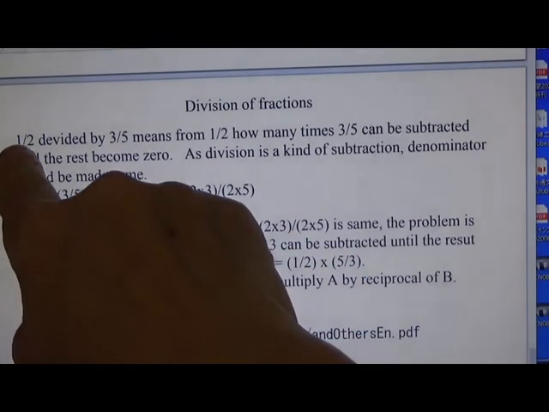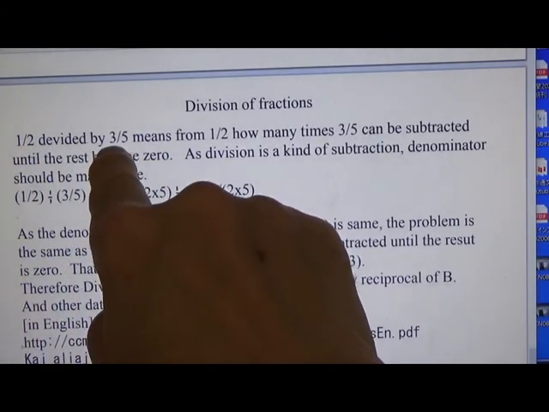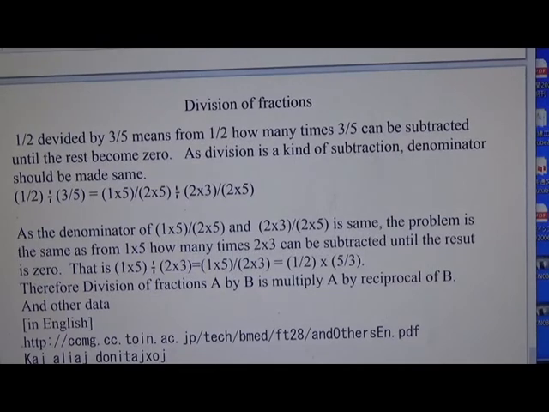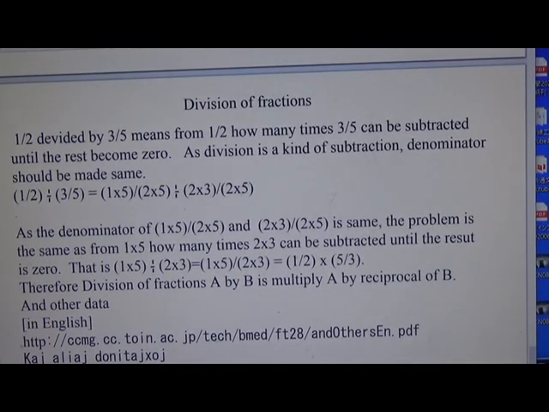1/2 divided by 3/5 means from 1/2 how many times 3/5 can be subtracted until the rest becomes 0.